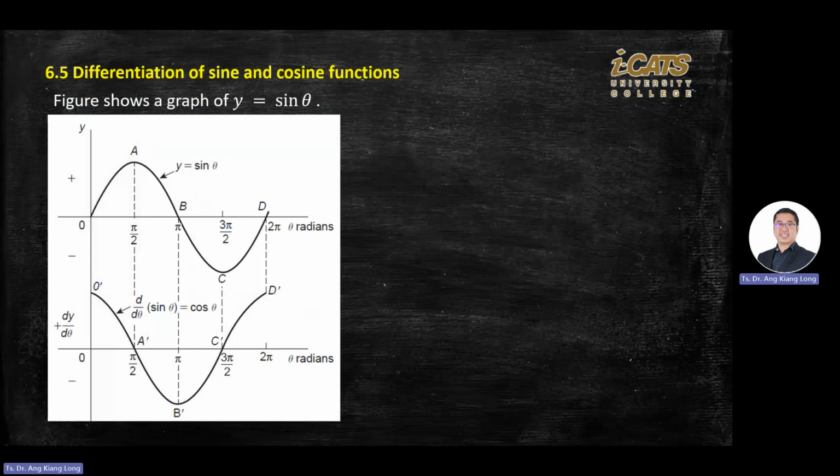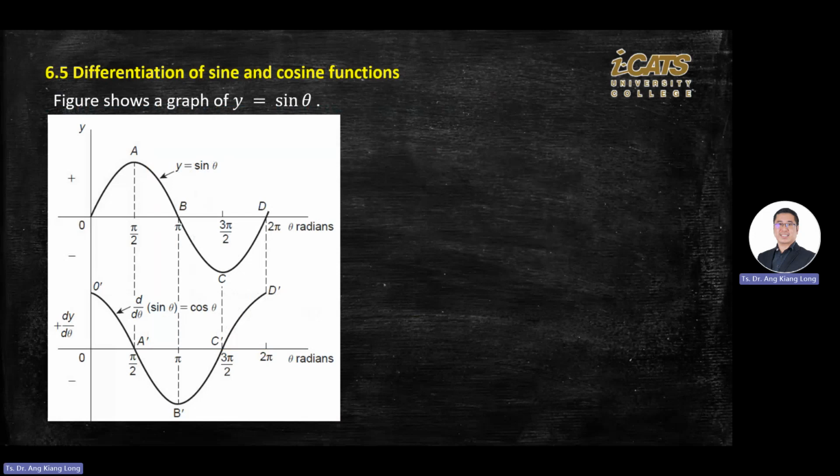So the first one is y equals sine theta. The second one is when you do dy/dx, or in this case, dy/d theta. The graph, cannot say flip, but it becomes a cos graph. The cos graph starts from 1.